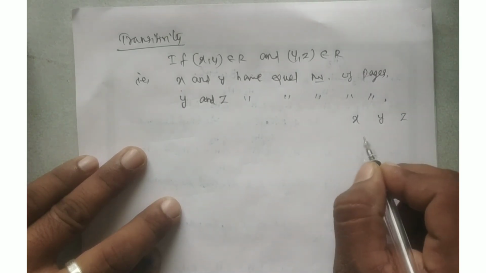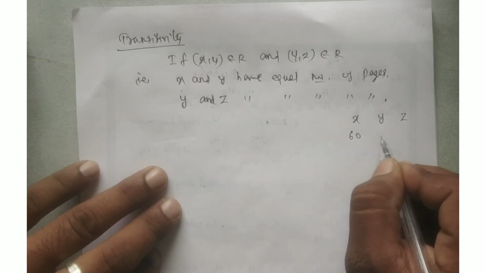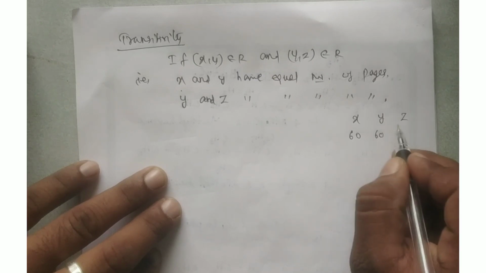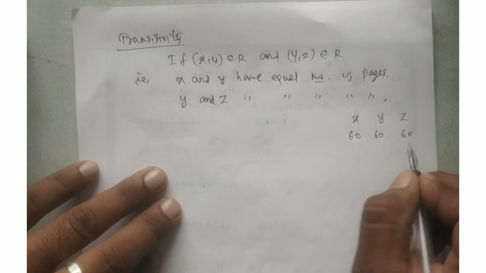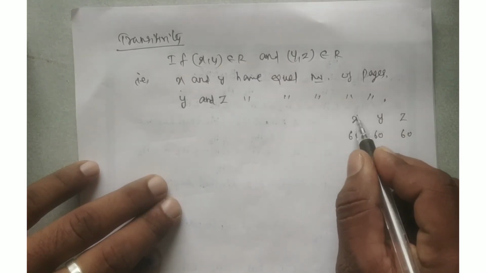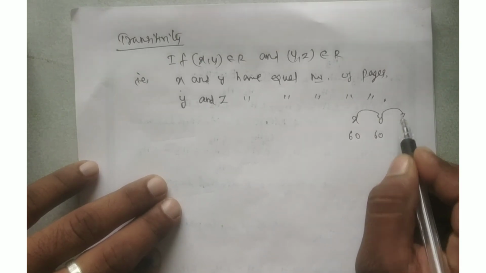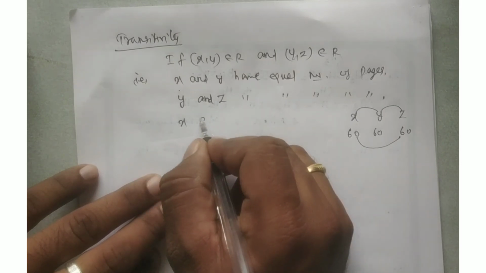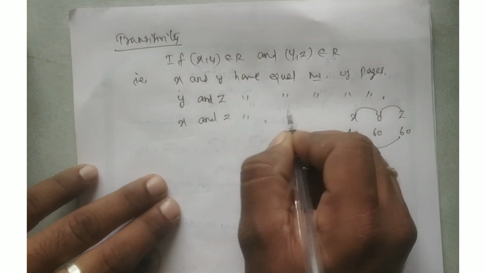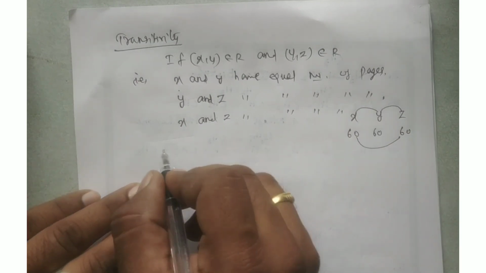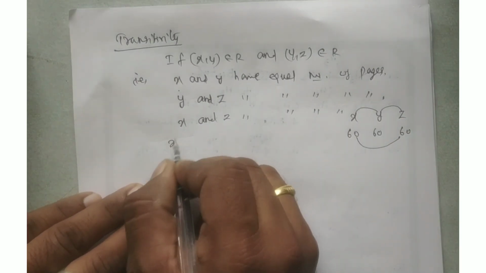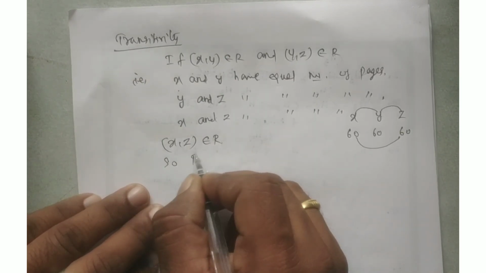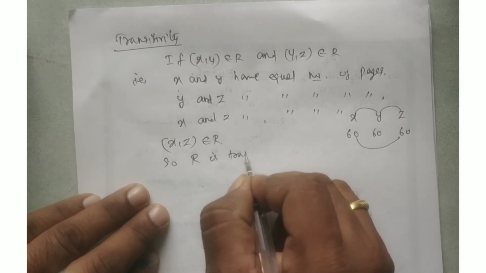For example, x having 60 pages, y also has 60 pages. Second, I am relating y and z. y having 60 pages means z also has 60 pages. So x and y are related, y and z are related, means clearly we can say that x and z are also related. So x and z also have equal number of pages. This shows that (x, z) belongs to R. So I can say that R is transitive.